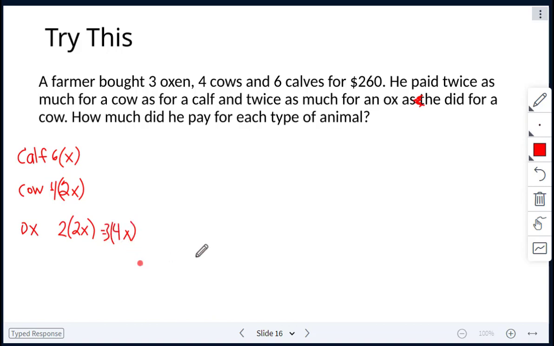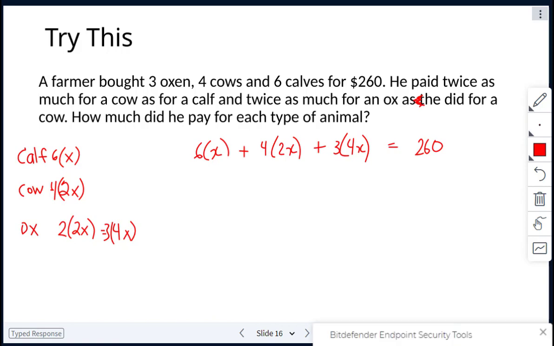Then you can add them up, and we know our total is $260. So our equation would look like this: 6x plus 4 times the 2x plus 3 times the 4x is equal to 260. Let's just finish this up then.